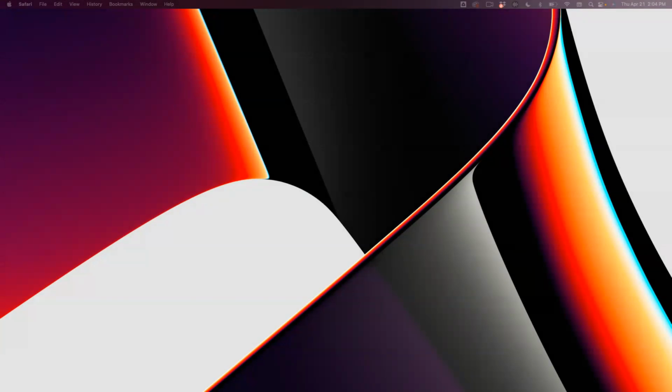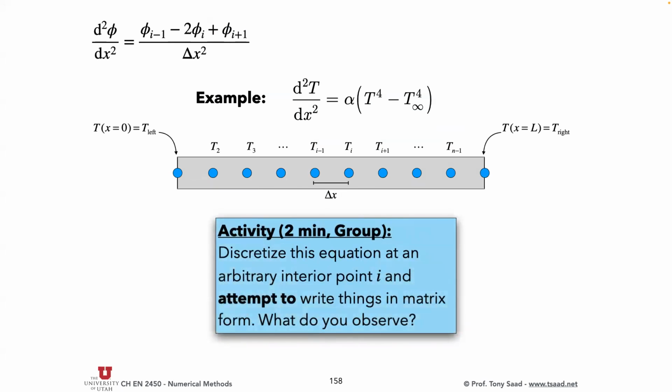To remind you of the finite difference formula, d2 phi by dx squared, up there is your reminder of a second order approximation of the second derivative. So go ahead and apply that at an arbitrary point i.